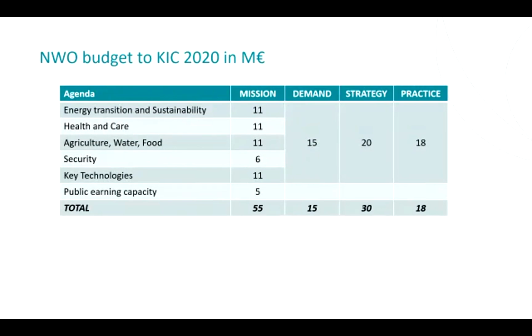Likewise, the amounts are available for the other KIAs, in most cases more than 1 call per KIA. The other main lines do not have a division over the KIAs, and the money will be spent depending on what's being applied for in these main lines.